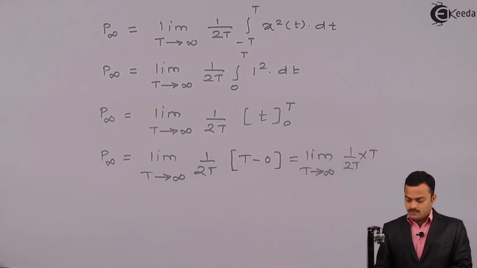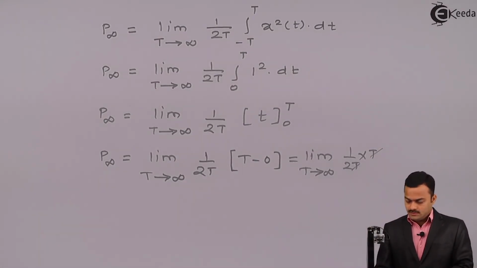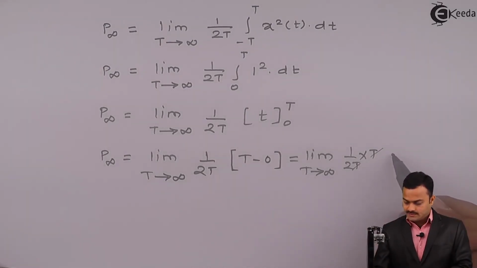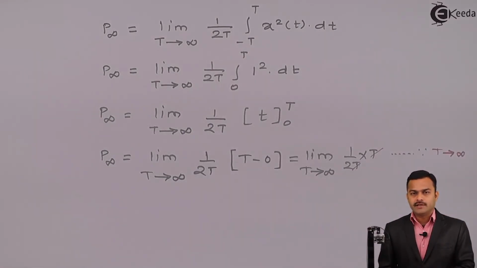Now, I can cancel this value of t, but we need to write something related to the limit, and that something is like this. Since t is tending to infinity, what is the meaning of this? T tending to infinity means t is not equal to infinity.